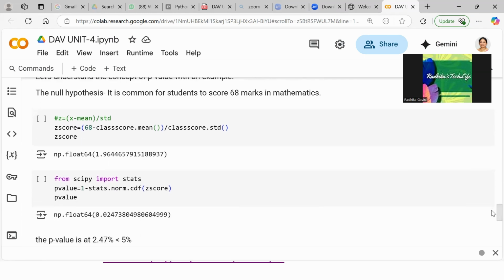Now let us find out the p-value corresponding to the null hypothesis, which states that it is common for students to score more than 68 marks.